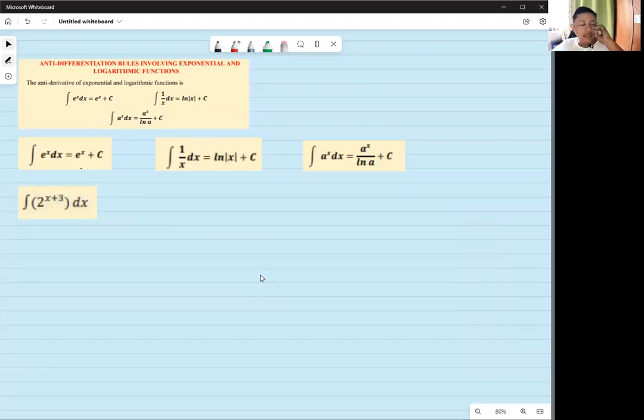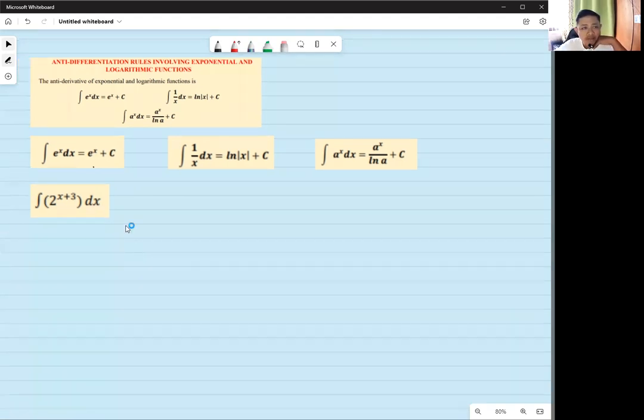So we are asked to find the integral of 2 raised to x plus 3 dx. If you look at the given 2 raised to x plus 3, which among the anti-differentiation rules do you think will be applied here? Here's letter A. This is letter B. And letter C.